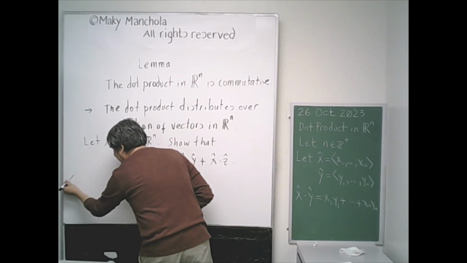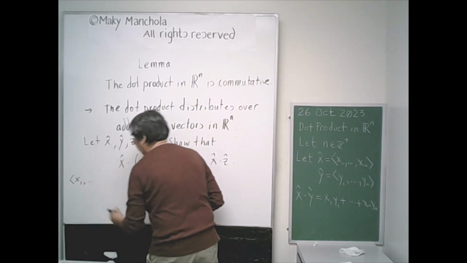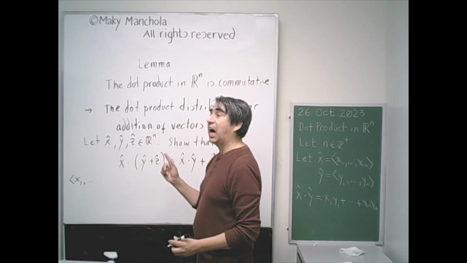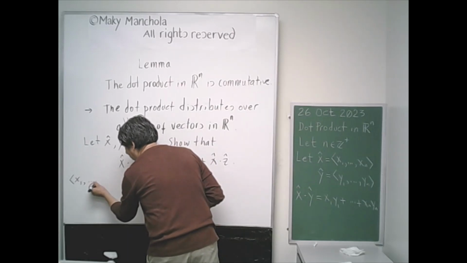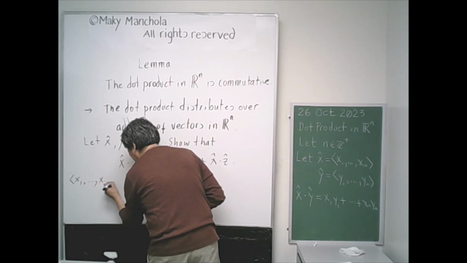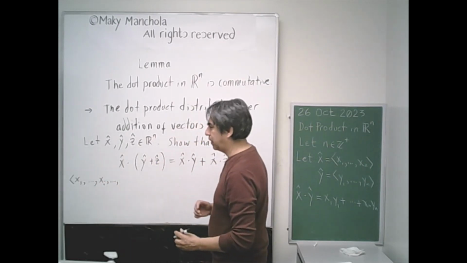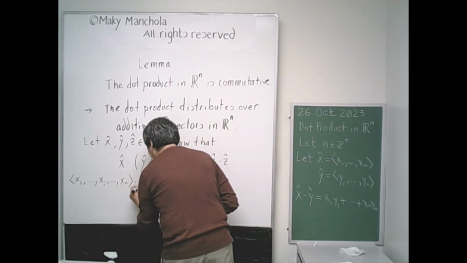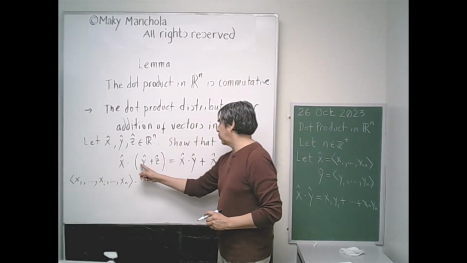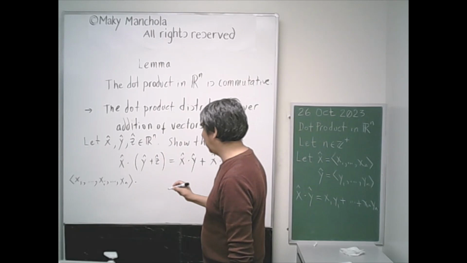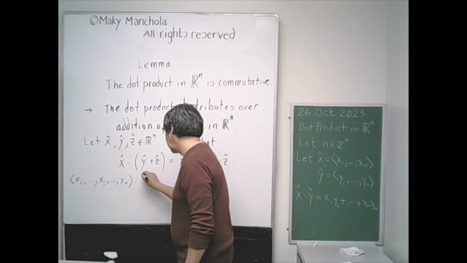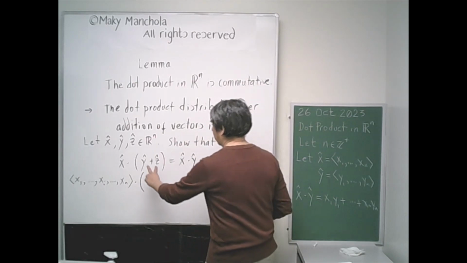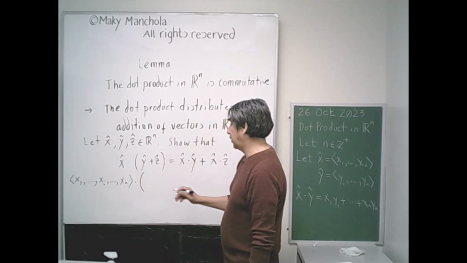So I will have x1, typical entry will be xi, all the way up to the last entry, which is xn, dot. Now I want the sum of vectors y and z, and we have a definition for that. So let me put a parenthesis here and tell what the sum is. We know what the sum is.